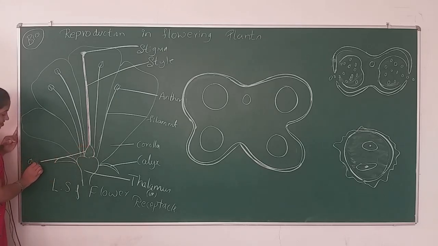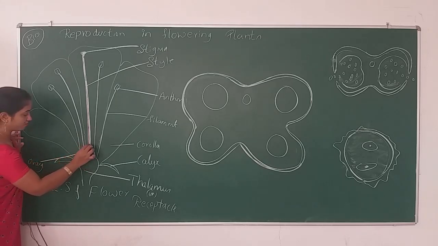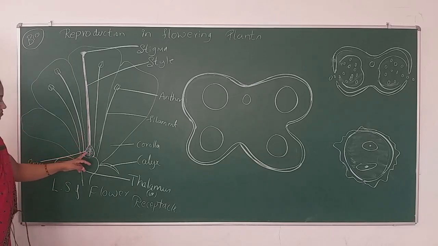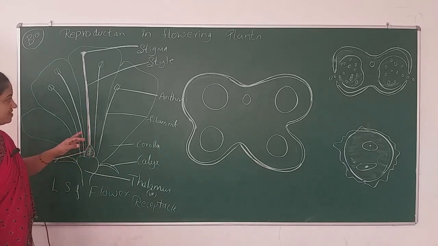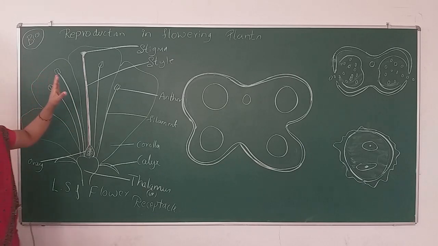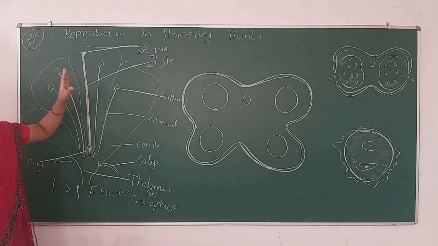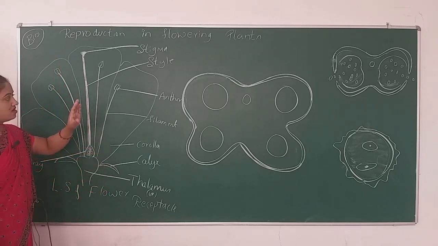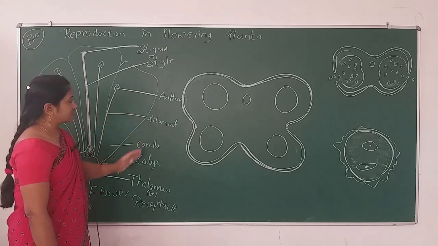Inside the ovary one or many ovules are present. Depending on the species, the ovules vary: one ovule, two ovules or more. Only one time have they asked in the examination, for 5 marks, to describe the LS of flower with a neat labelled diagram. So that's all about the LS of flower.